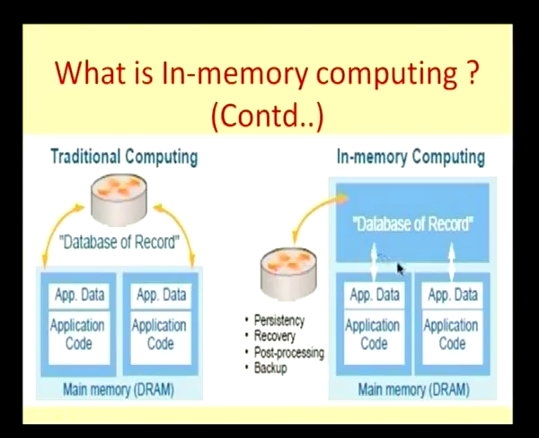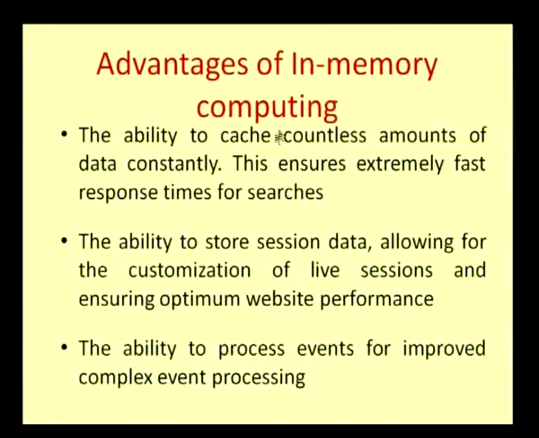In in-memory computing, the main memory itself is used for holding the database of record. You get the database from the secondary storage. A chunk of the database is loaded into the RAM, and you perform the operation so quickly. So, the access time for this database of record available in the RAM is very fast compared to traditional computing. So, the advantages are the ability to cache countless amounts of data constantly.